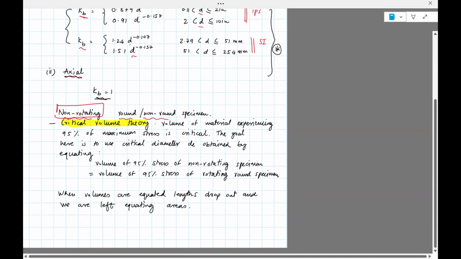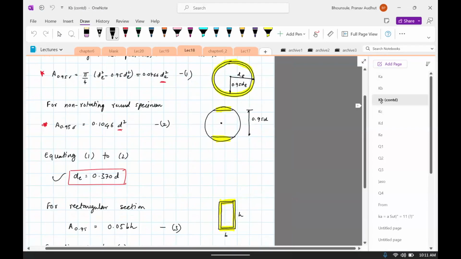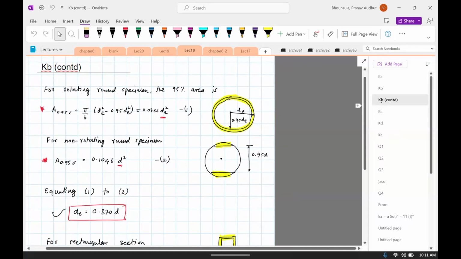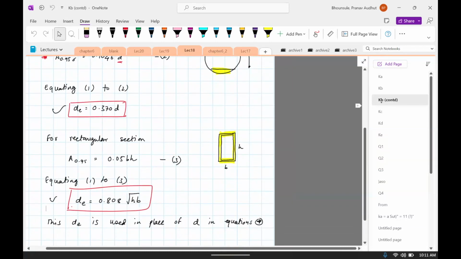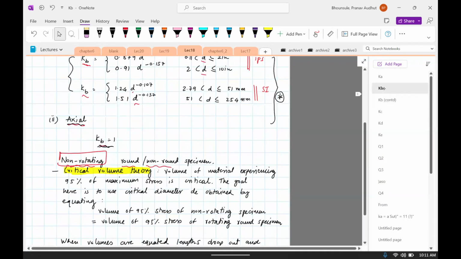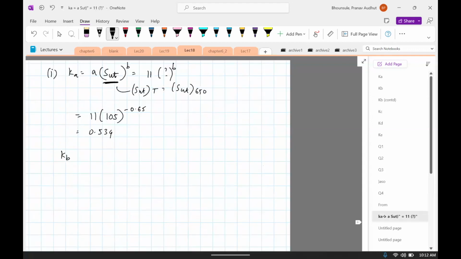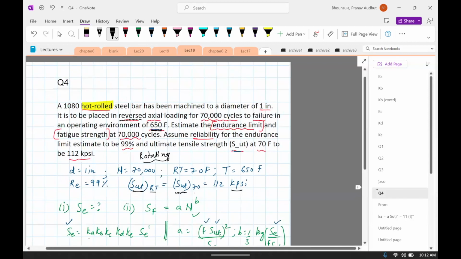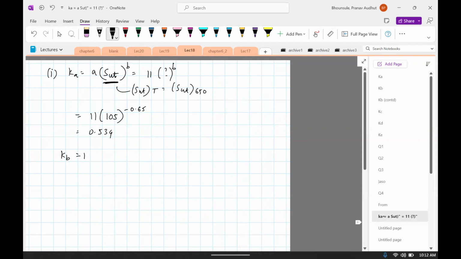So even if it was non-rotating, all that non-rotating does is it gives you an equivalent diameter, but the equivalent diameter doesn't do anything for axial loading because KB is equal to 1 no matter what. So we don't really care if it's rotating or non-rotating because it's axial loading. So we are all good there. So we don't need to assume anything. So KB is 1.